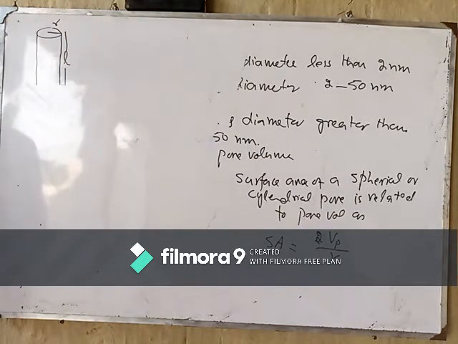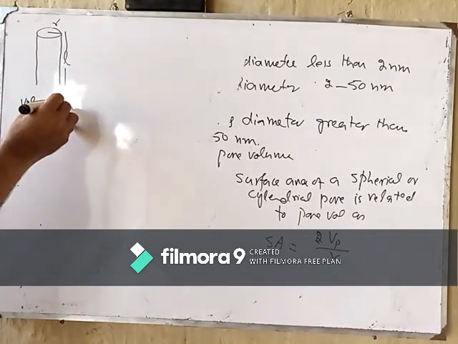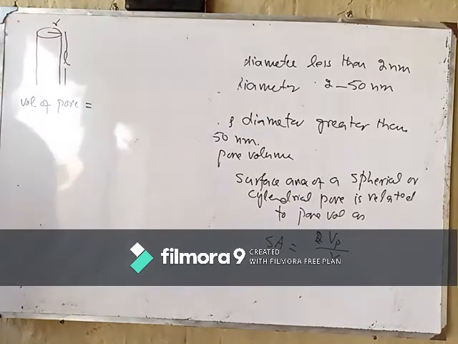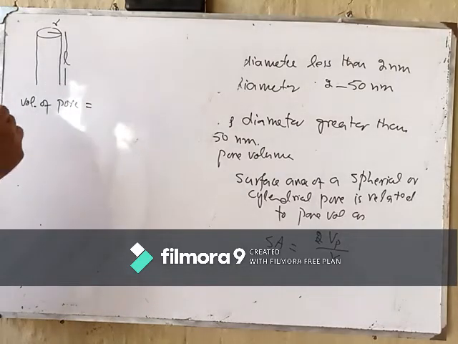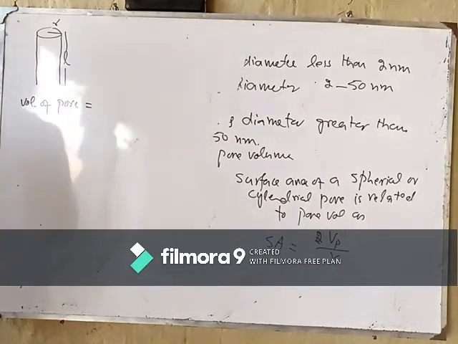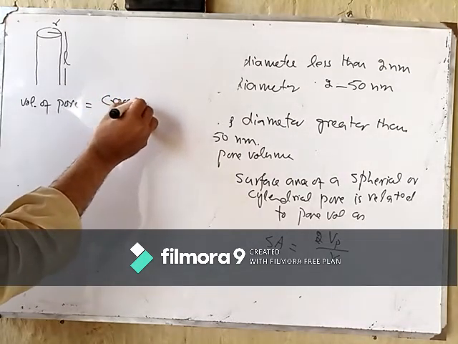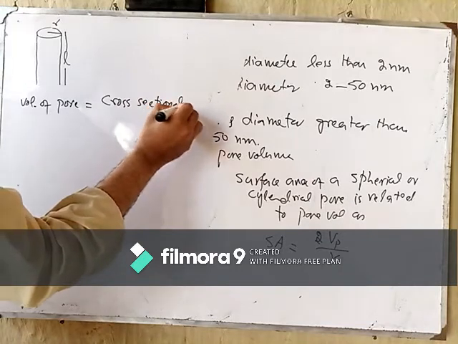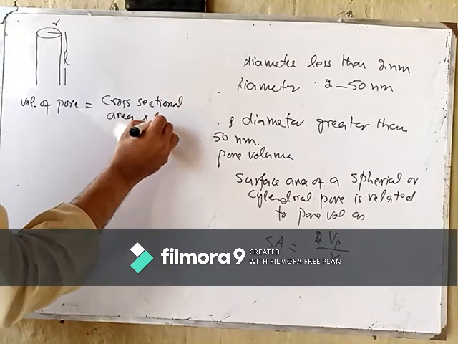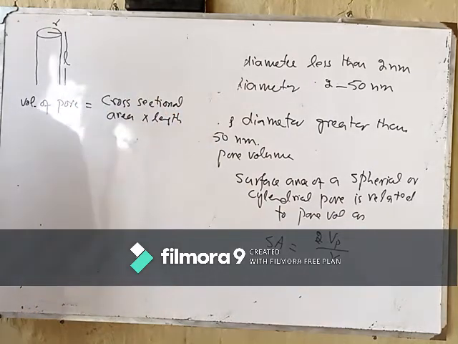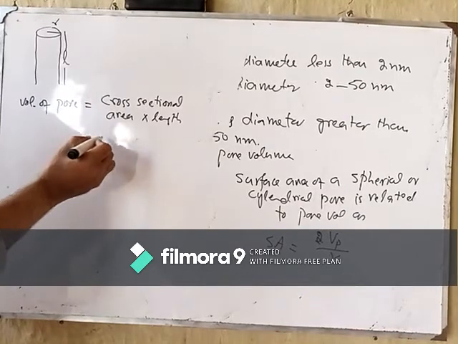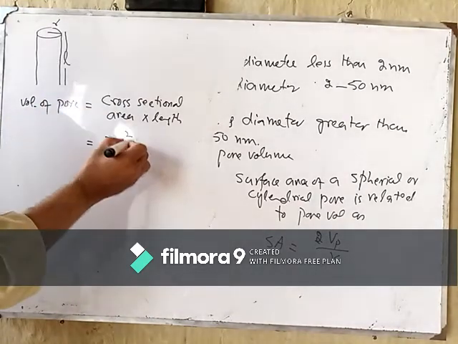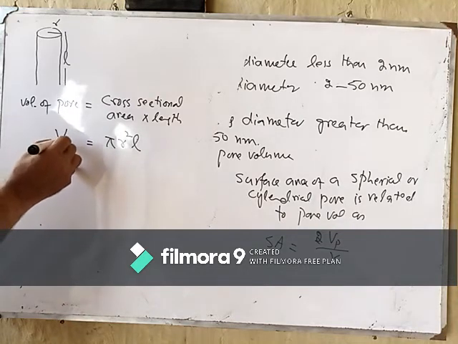So the volume of this pore, या volume of this cylinder, वो किसके बराबर है? pi r square into L, cross sectional area into length. और क्रॉस सेक्शनल एरिया pi r square है और लेंथ L है. सो दिस इज Vp.